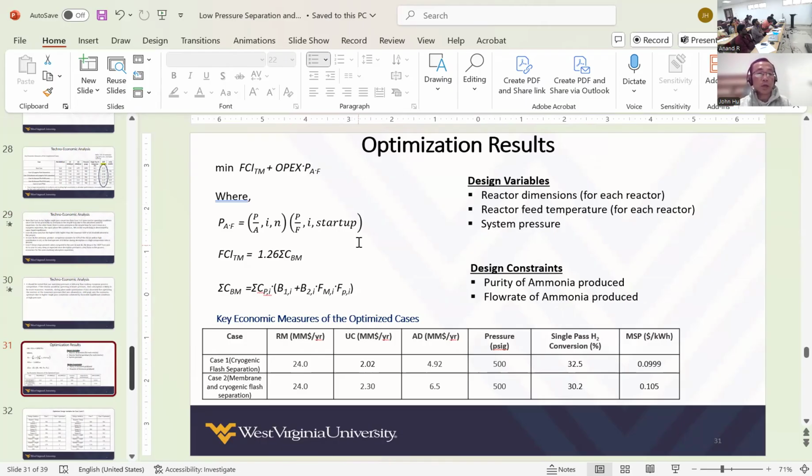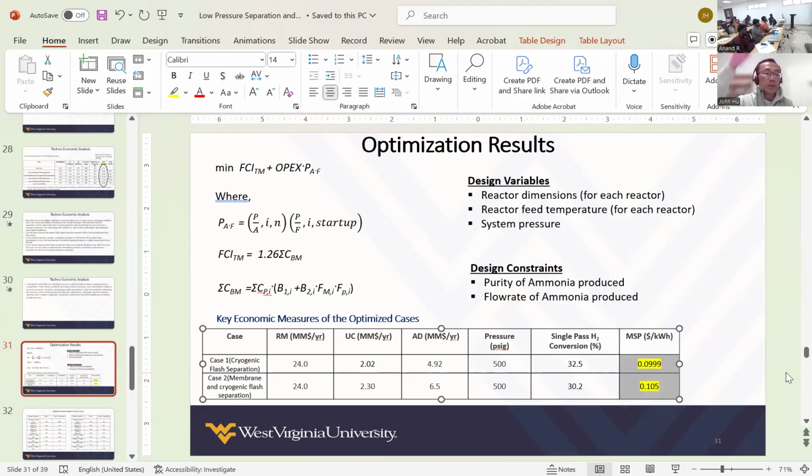After the optimization, we found case 1 and case 2 can go further down, to less than 10 cents. If you are interested, I can tell you what optimization we did, but this is more like a paper study: what if we change this part of the process, or that part. So we come up with this.